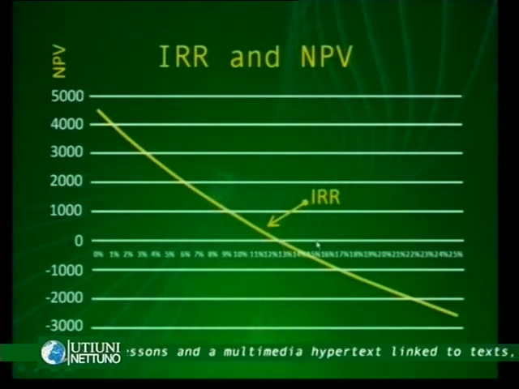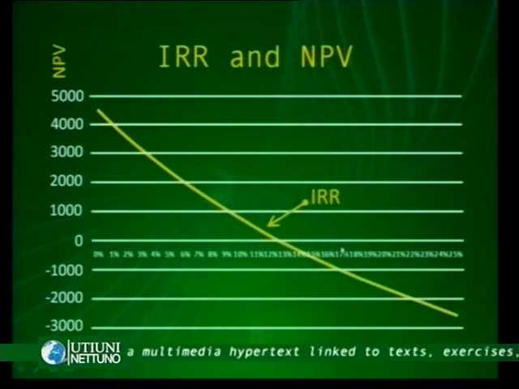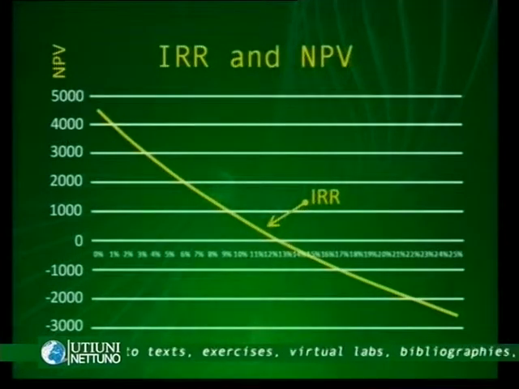Instead, on the right of the intersection point, for all the discount rates that were higher than the IRR, the NPV was negative, so the project is not convenient. So we already had a rule that said that when the NPV was positive, the project was convenient, and when the NPV was negative, the project was not convenient.